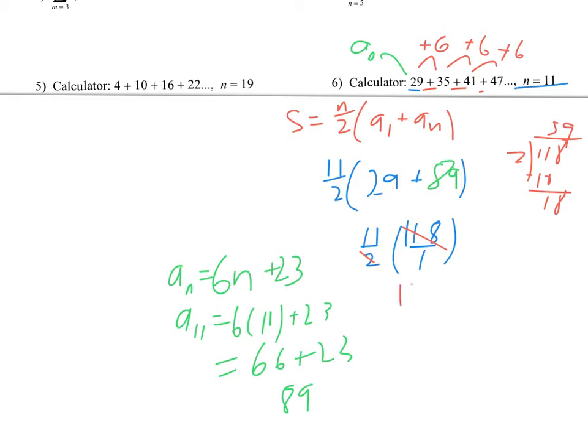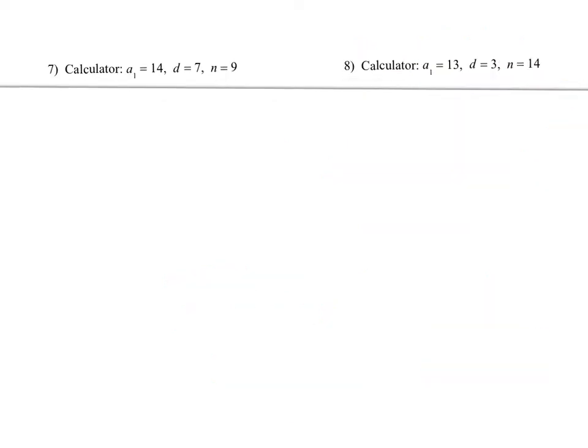And that'll be 11 times 59. And so you can type this on the calculator. I have my multiplying 11s trick here. So that's going to be a 9, this will be a 4, and then this will be a 6, so 649.